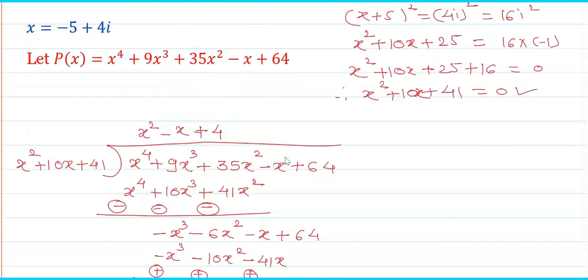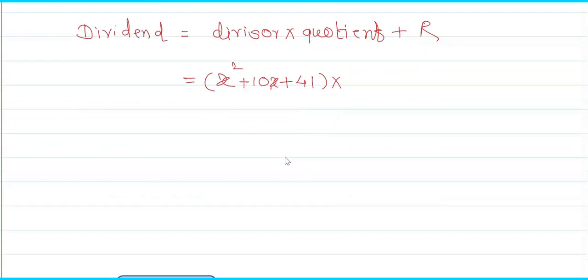What is the quotient? Quotient is x square minus x plus 4, and what is the remainder? Remainder is minus 100.